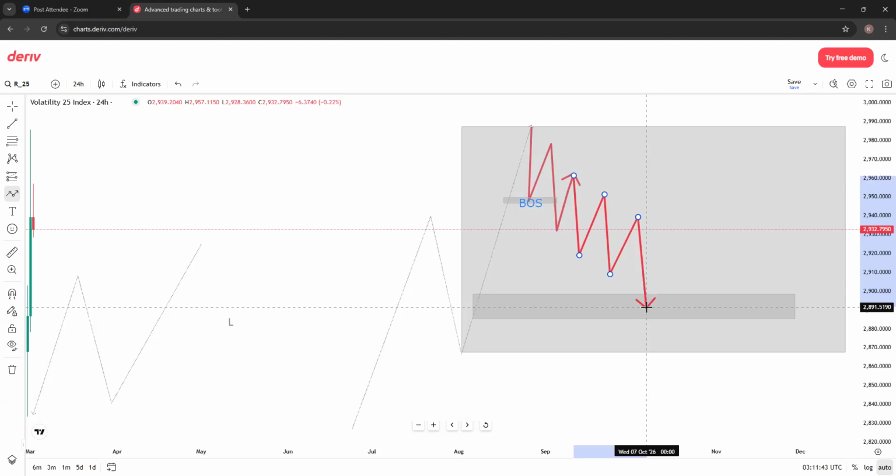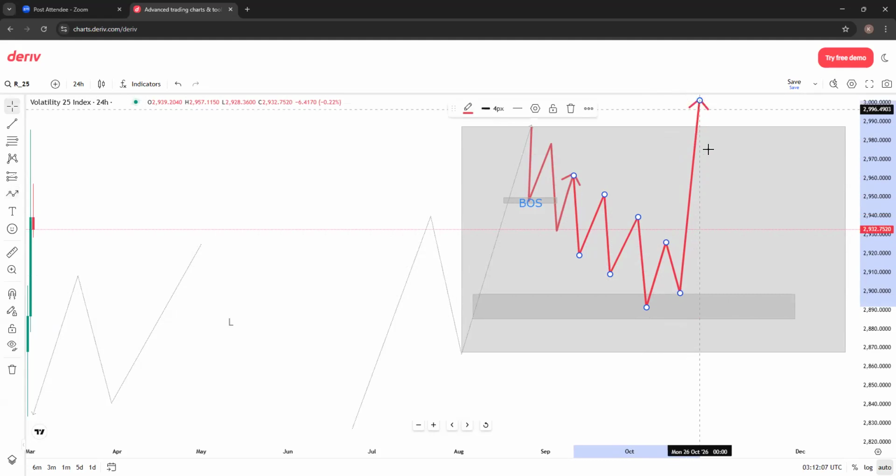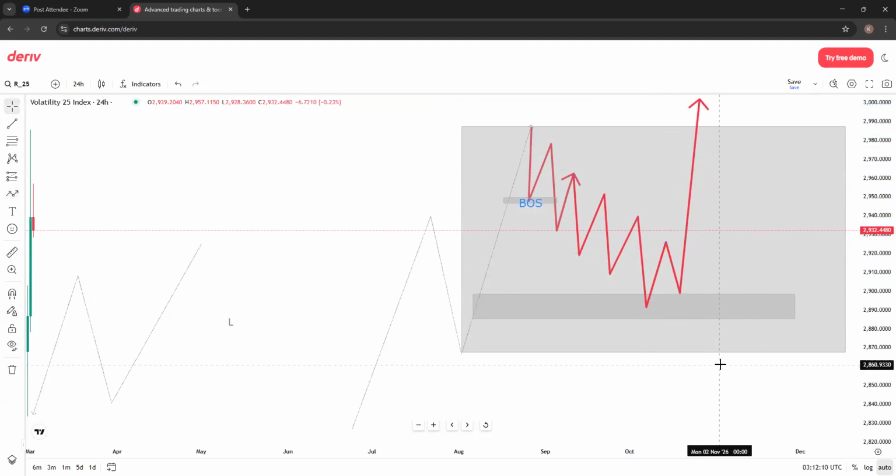When you dip into it, the only way you can know that your flag has now ended in that selling momentum and is now going to buy is when it fails to break the previous low, and then it gives you a change of character or a breakout structure, and then it goes up only.